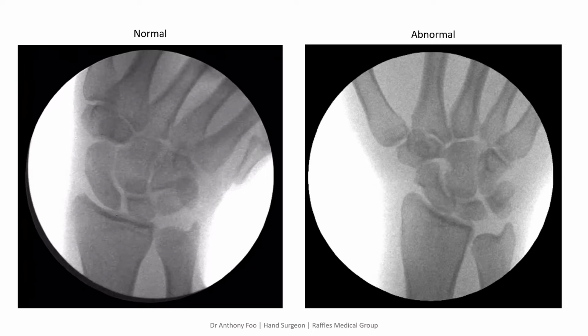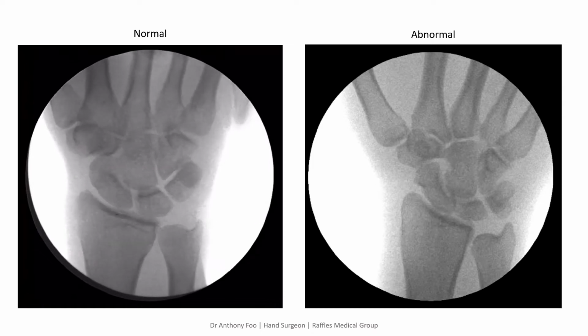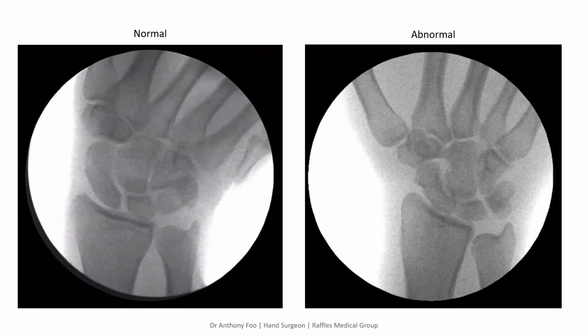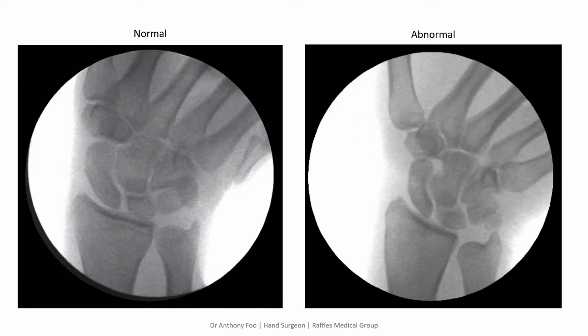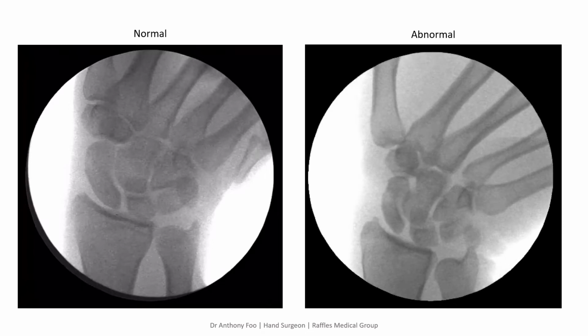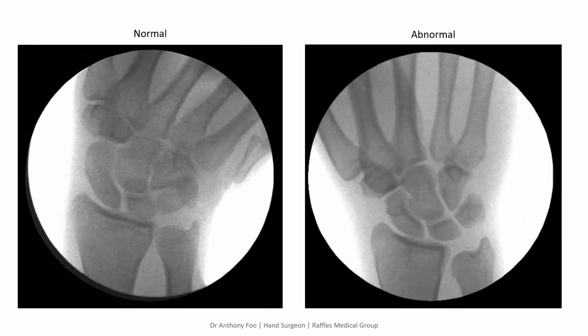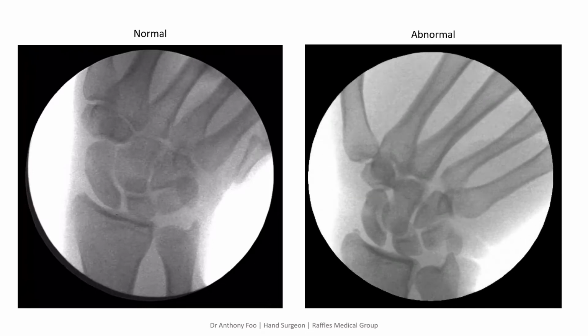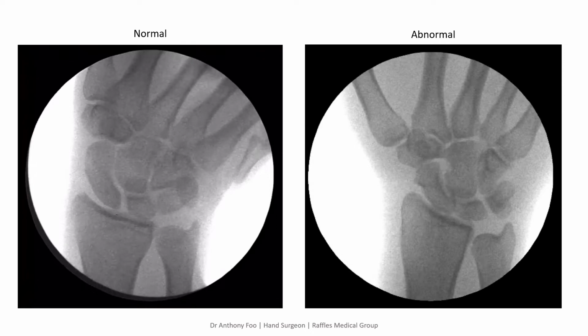Now this is a fluoroscopy of a wrist joint. In the video on the left, you can see that the scaphoid moves in a well-coordinated manner, whereas in the video on the right, as the wrist goes in radial ulnar deviation, you can see the scaphoid and lunate gapping open, and the scaphoid seems to lag behind the lunate in its movement from radial to ulnar deviation.